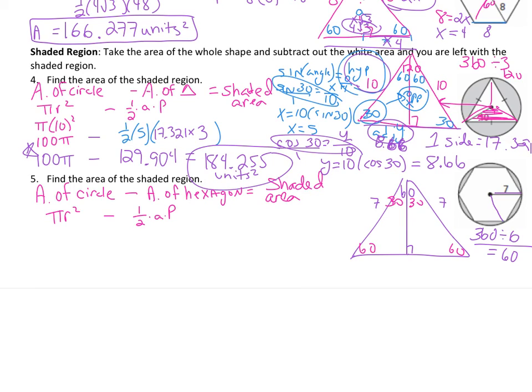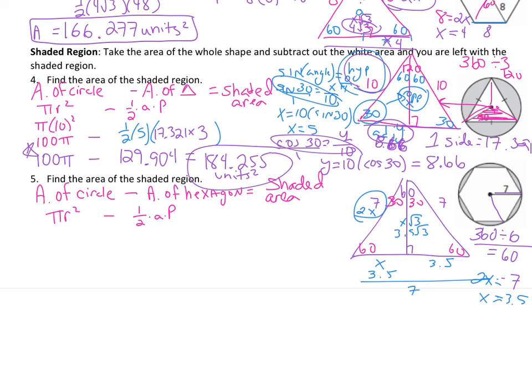And remember, with our 30-60-90 triangles, we have x, x square root 3, and then 2x. So we set our 2x equal to the 7, and we get that our blue x's all equal 3.5. So that means this is 3.5, this is going to be 3.5 square root 3, and this will also be 3.5, so that means all the way across is 7.